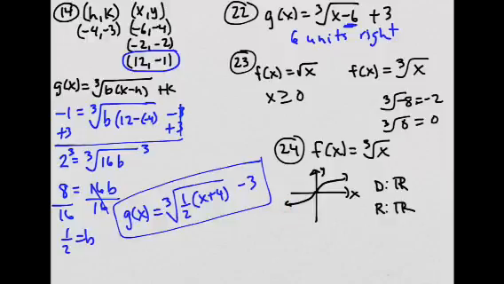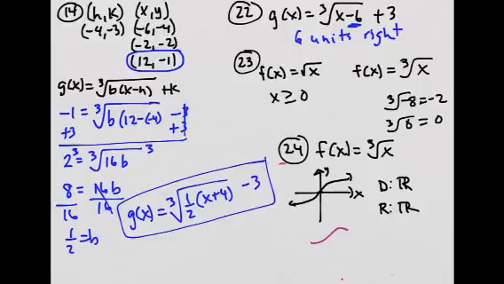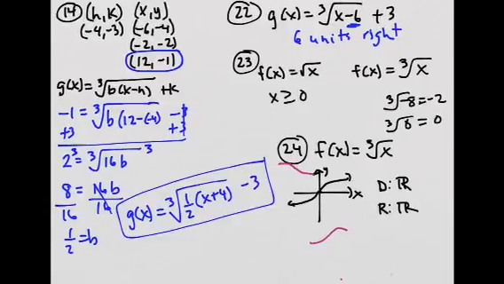So no matter how you slide it, no matter where you draw it, you could draw it over here, you can draw it having a reflection over the x-axis like this. No matter where you draw it, the domain and the range will always be all reals. Okay, so the translation left, right, up, down does not have an effect on the domain and the range.